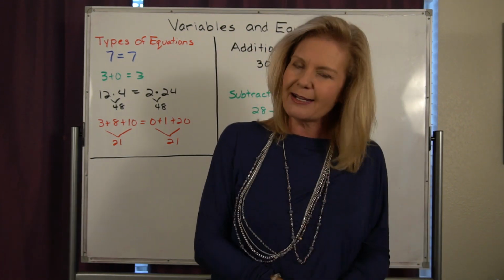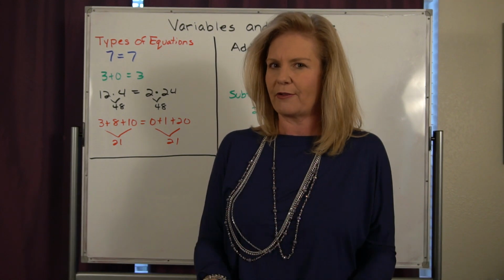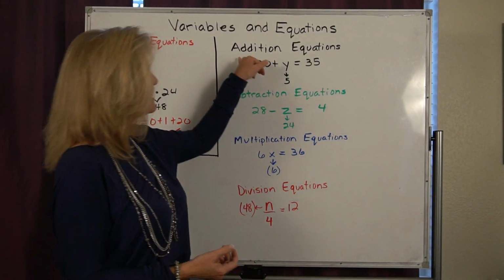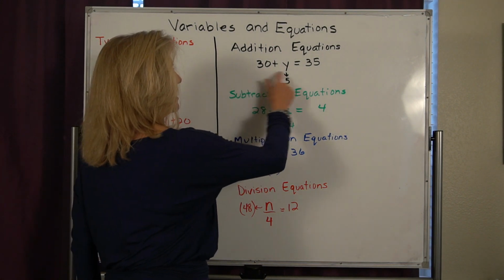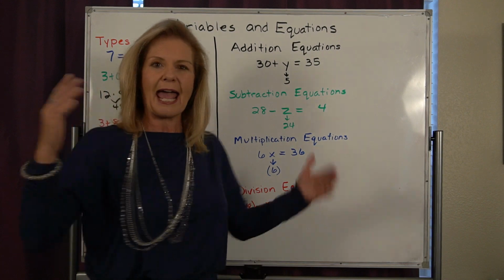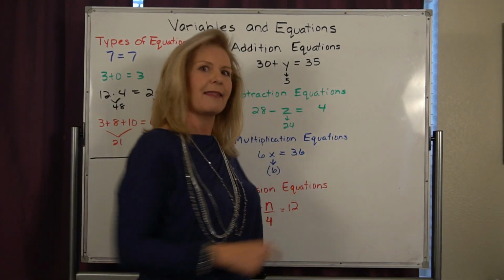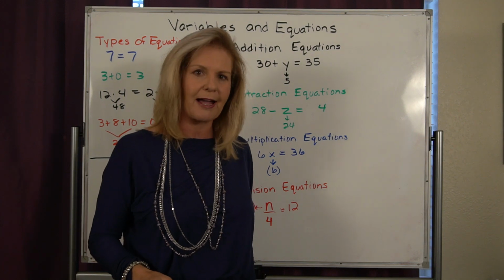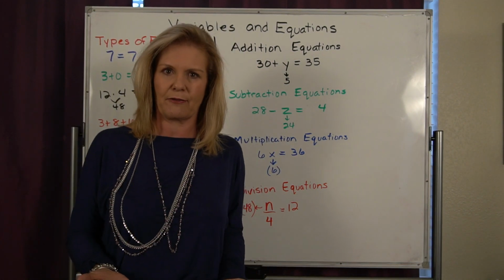Now, a lot of times we can use mental math to figure out the value of a variable. So if I have this addition equation here, I know that this side and this side have to equal the same amount. And if they tell me that side is 35, then I know this side also has to equal 35.